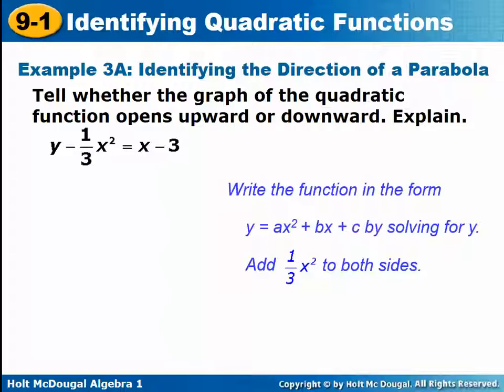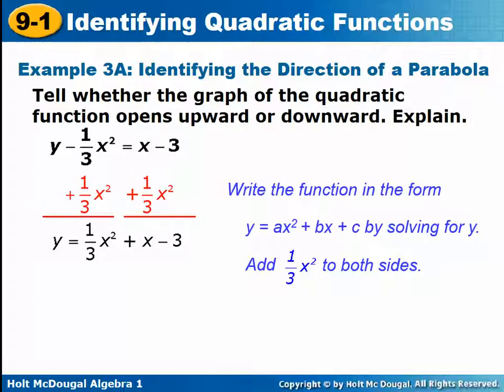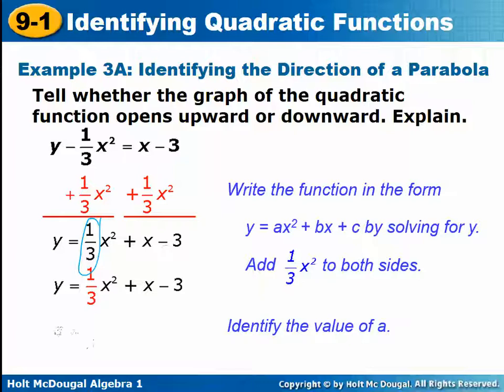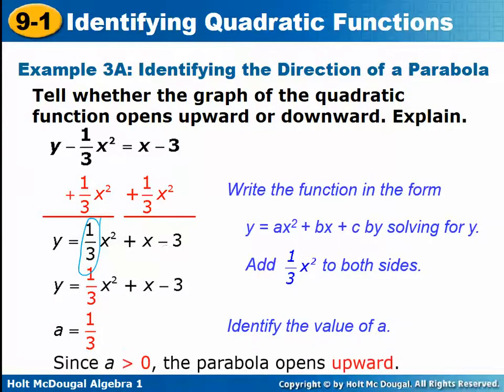So the first thing you'd have to do in this problem is add 1/3 x squared to both sides, which really it's just rewriting it, so that now you can tell, is this number in front of the x squared term positive? Then it opens upward. If it's negative, it opens downward. So first get it in standard form where it's equal to y, and then decide if a is positive or negative, and then say whether it opens upward or downward.